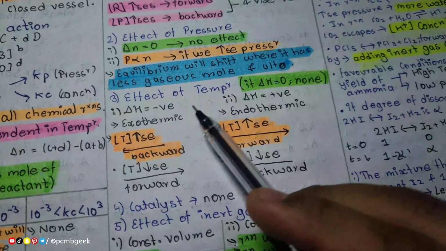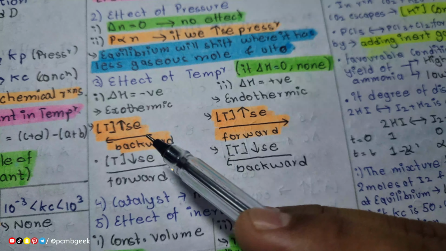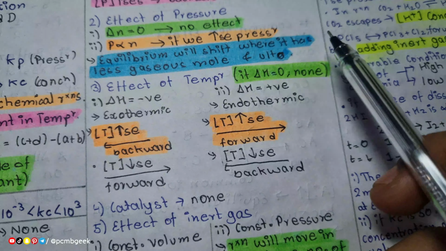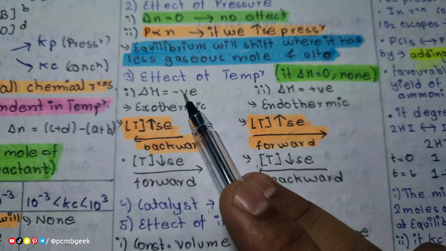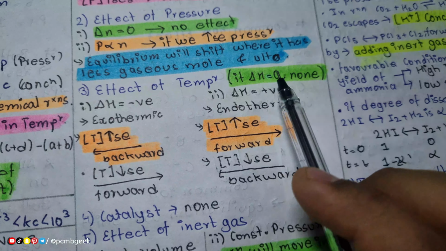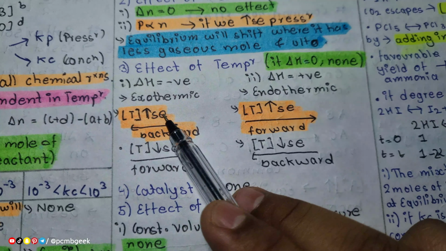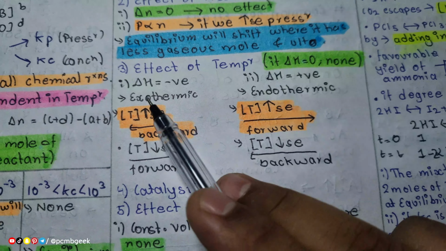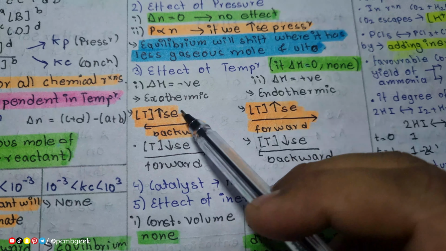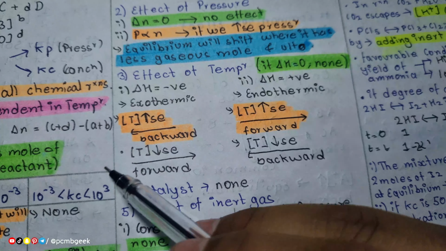Now, effect of temperature. If del H equals 0, that is, temperature will not have any significant effect. If del H is negative, the reaction is exothermic, and if del H is positive, the reaction is endothermic. If the temperature is increased for an exothermic reaction, it will try to minimize the temperature, that way it will shift toward the backward reaction.